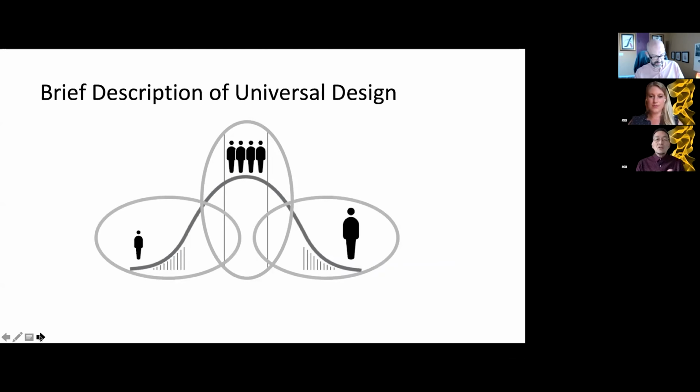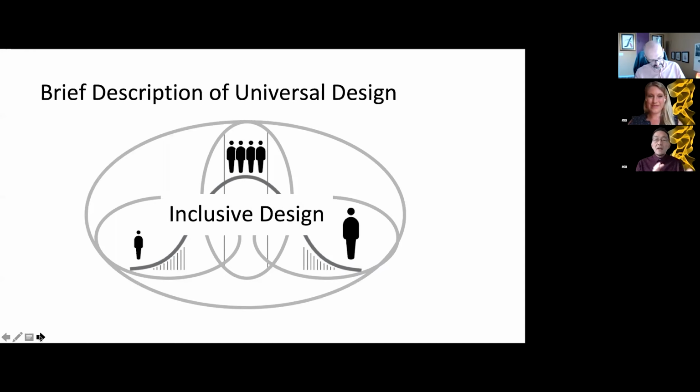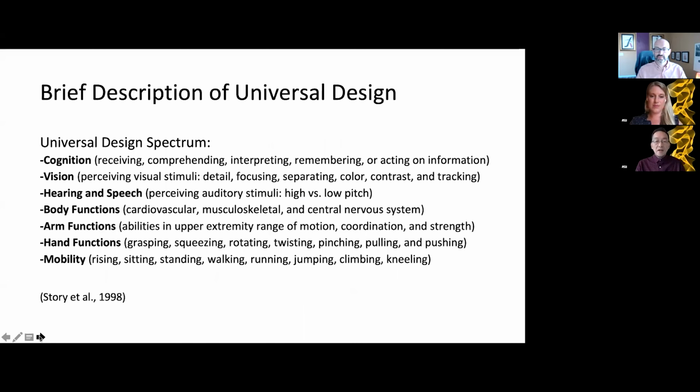And so in universal design, we're really incorporating the total population, and we call that inclusive design. So again, we're not excluding anyone in this concept of universal design. We're not specializing on any one person. We are including everyone and not excluding anyone. So that is the general premise of universal design.